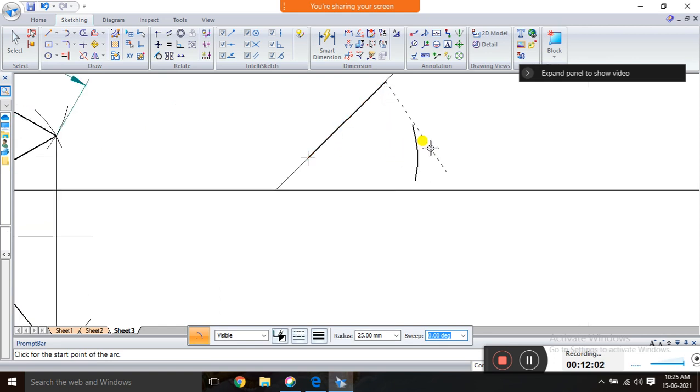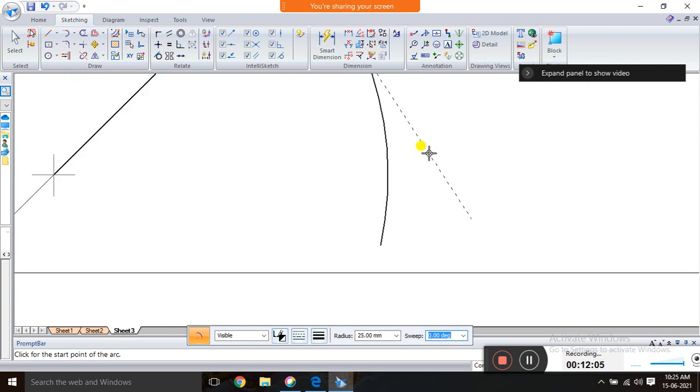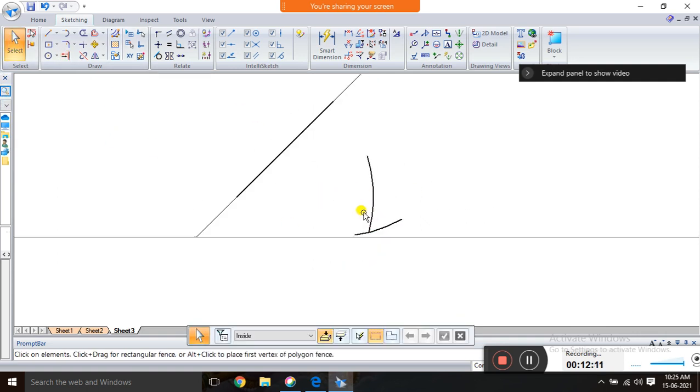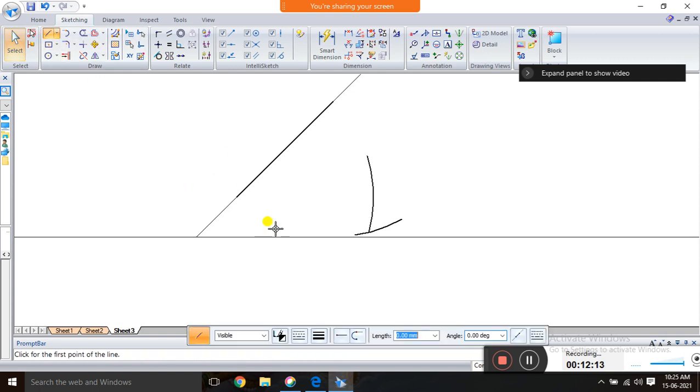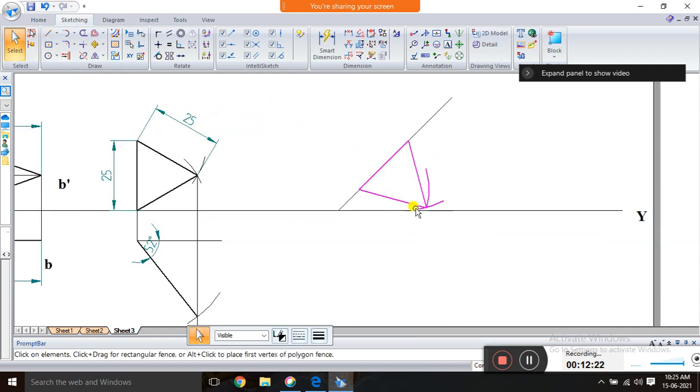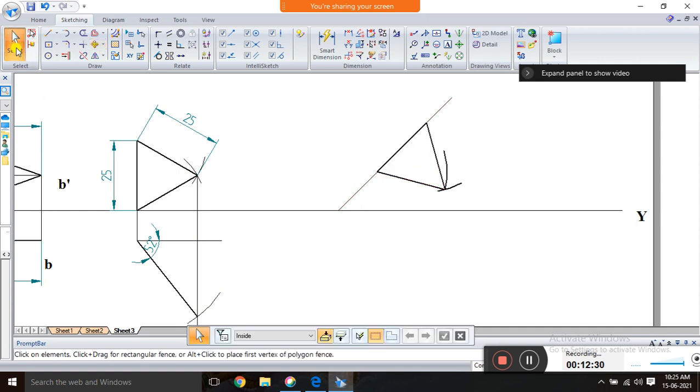I told it is a reconstruction. Like this you have to reconstruct, with the help of compass and scale.